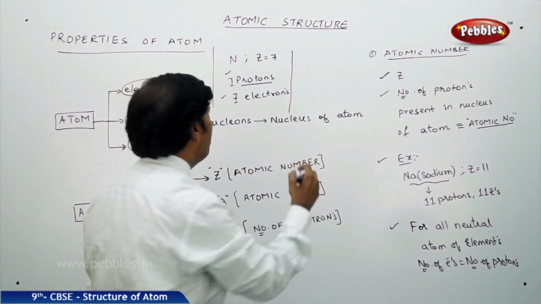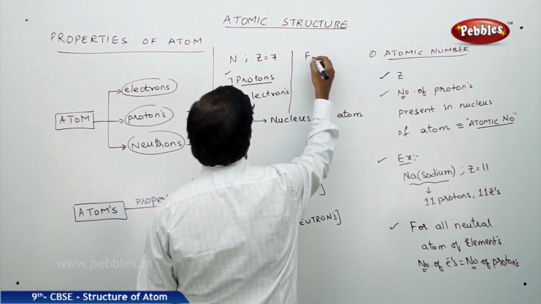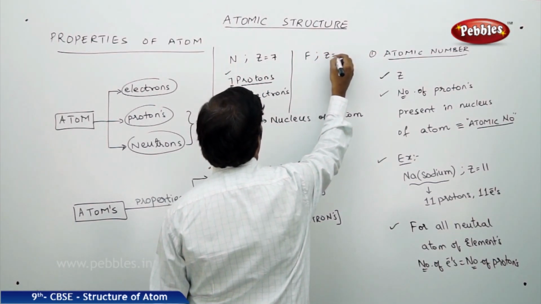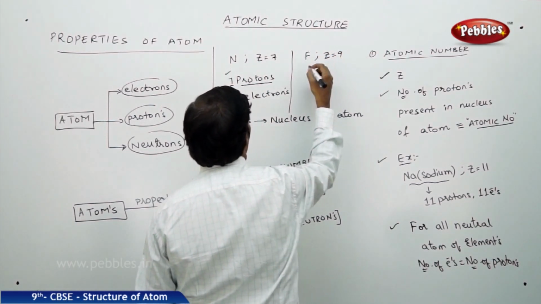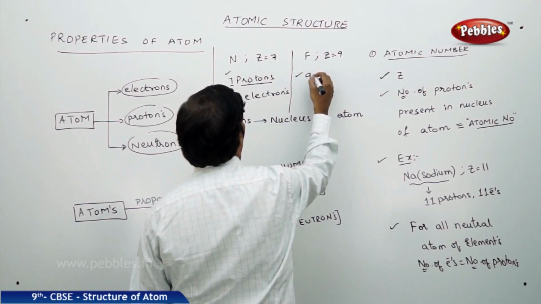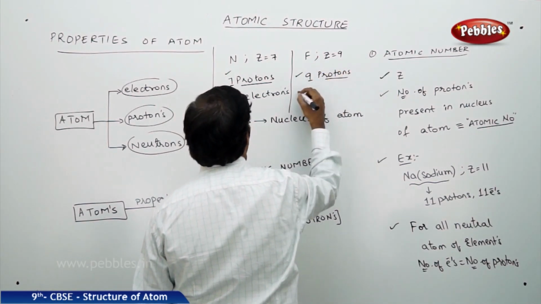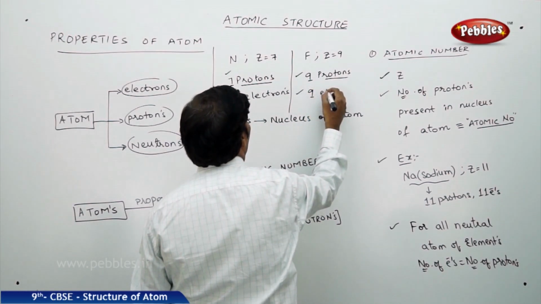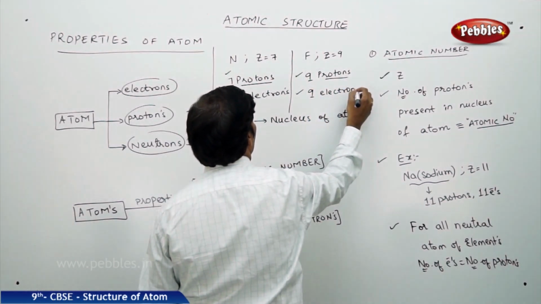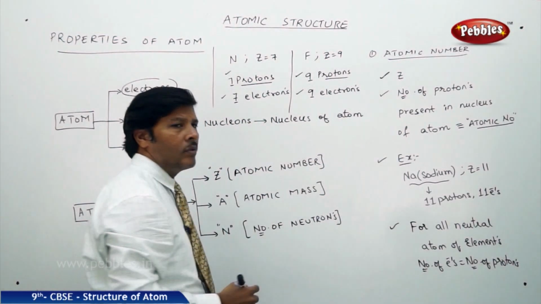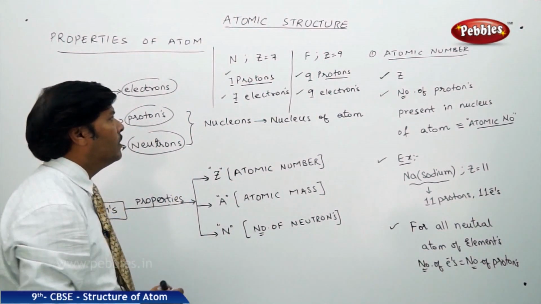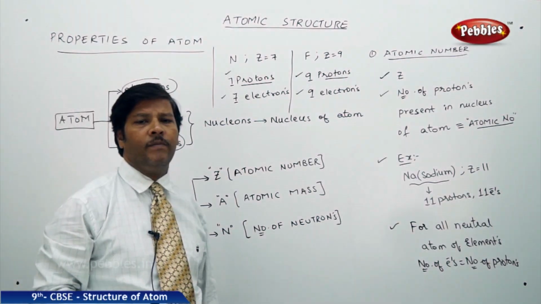Take fluorine, symbol F, its atomic number is 9. Z is atomic number, so it contains 9 protons and 9 electrons, so on and so forth. So all these points come in terms of the atomic number.